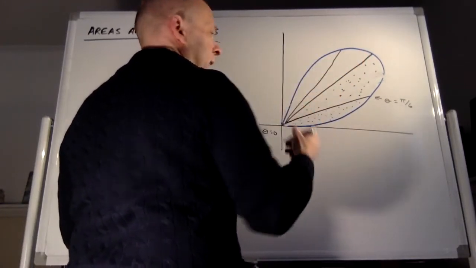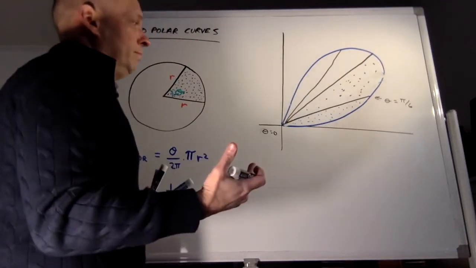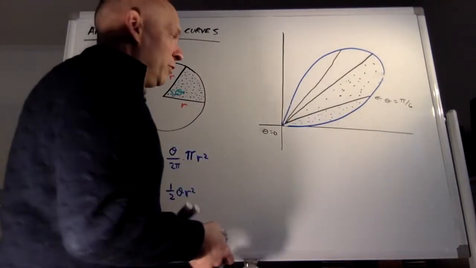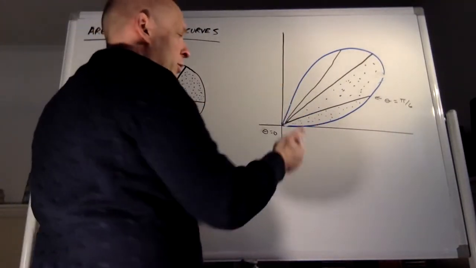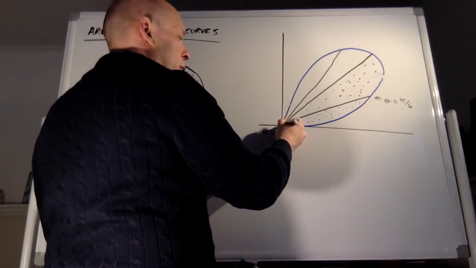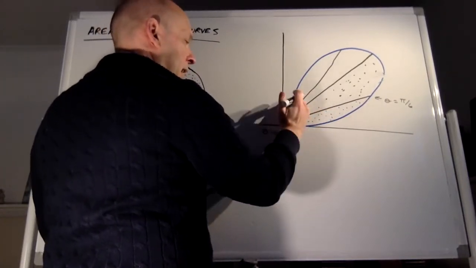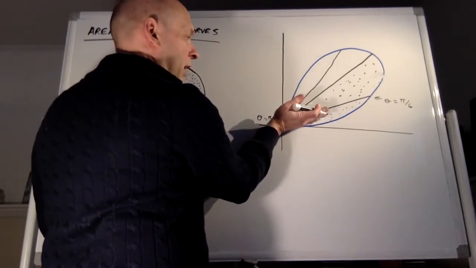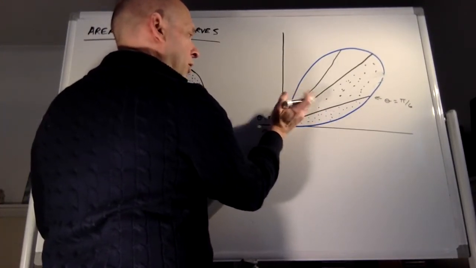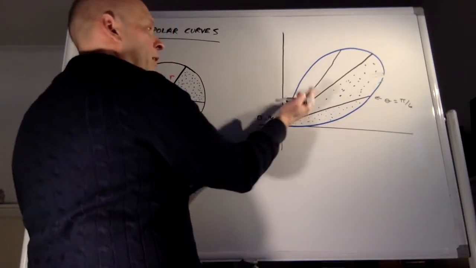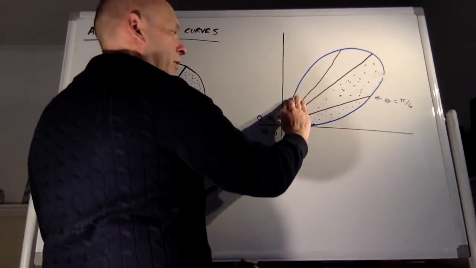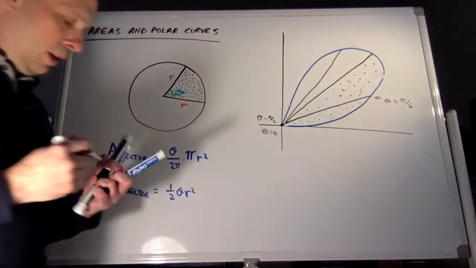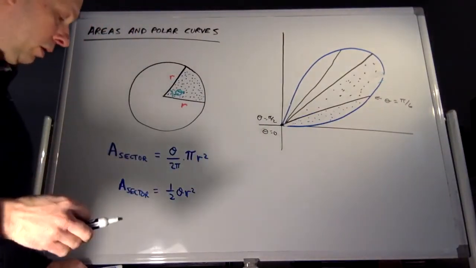It's obviously not true for every leaf, but let's say for this one, when we get to pi over 2, we return to the pole. If I rotate from 0 to pi over 2 with my radii, then I will realize the area of the entire leaf. But I just want you to get a feel for how that area is built.